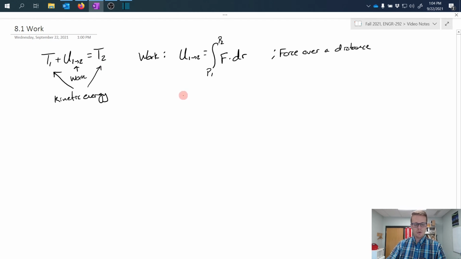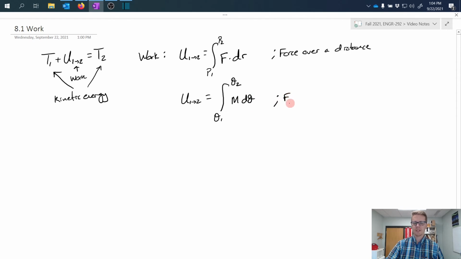We can also write work in terms of rotation. So if I integrate over some change in angular position theta, I could integrate the moment that I'm inputting over that change in angular position.